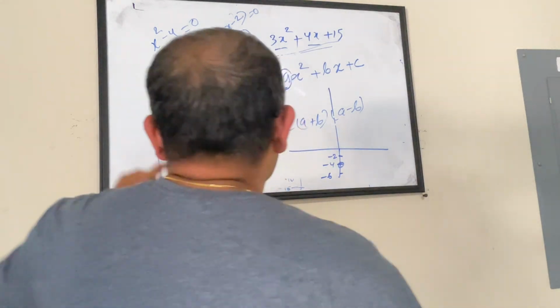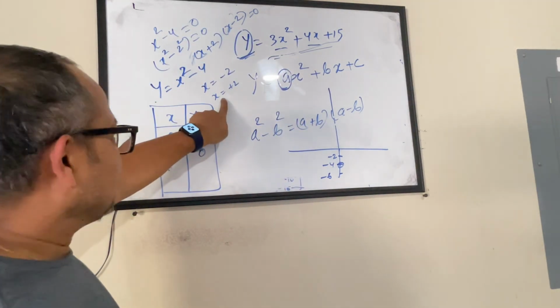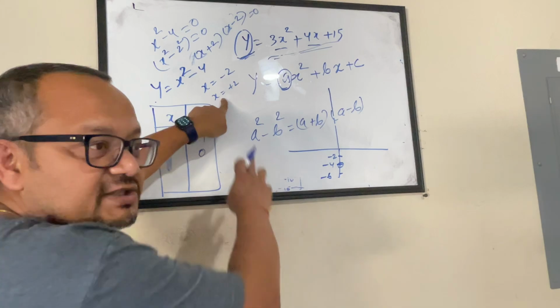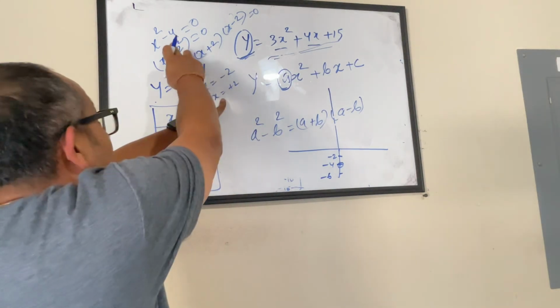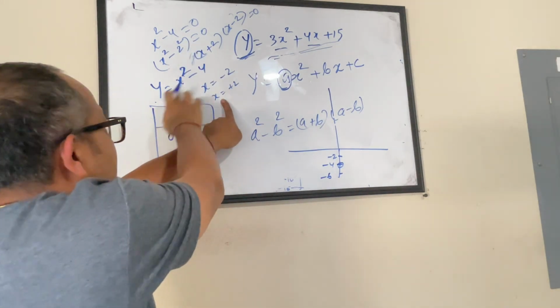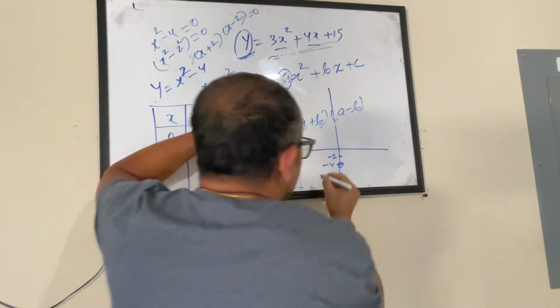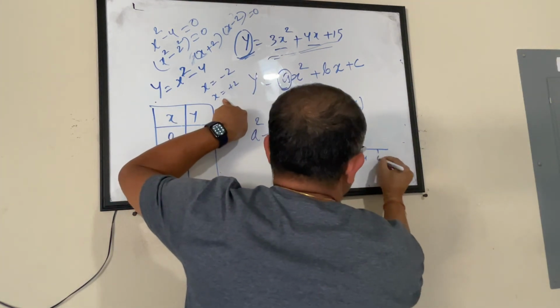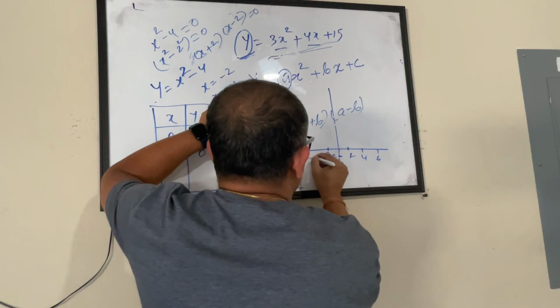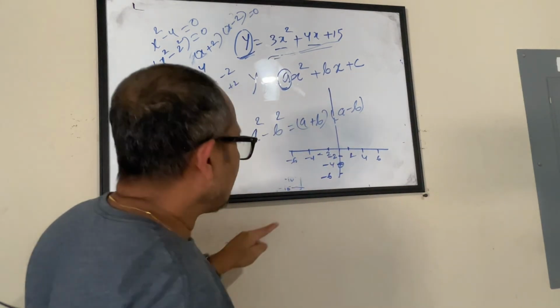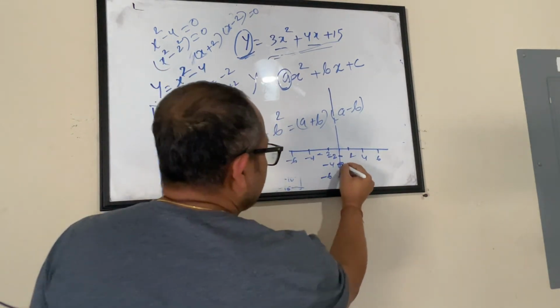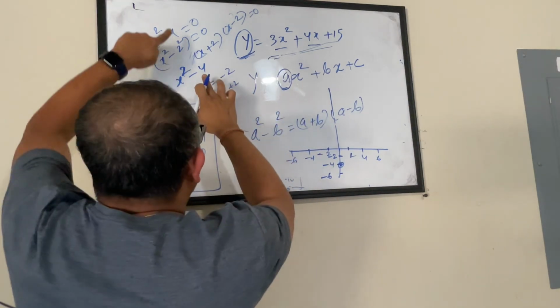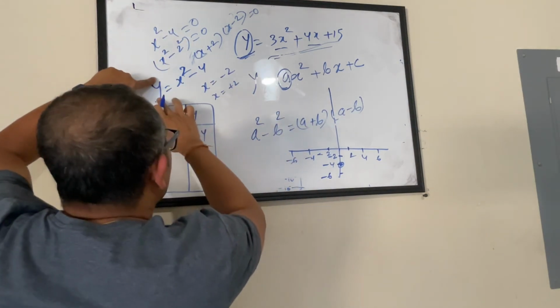Thank you. So basically, I got 2 points where it touches the x-axis, meaning where the y value is 0. We just put y equals 0 and we got two values for x. So let's say this is 2, 4, 6, minus 2, minus 4, minus 6. When I put x equals 0, we got y equals minus 4.